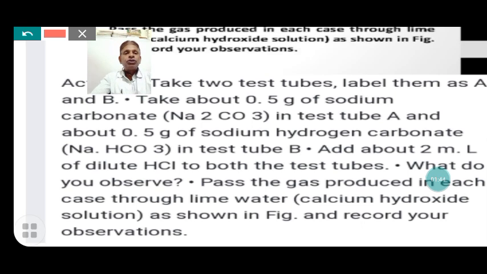Here we have sodium carbonate in one test tube and sodium bicarbonate in the other. Add 2 ml of dilute hydrochloric acid to both test tubes. What do you observe, and which gas is produced in the reaction, we will discuss in the next slide.